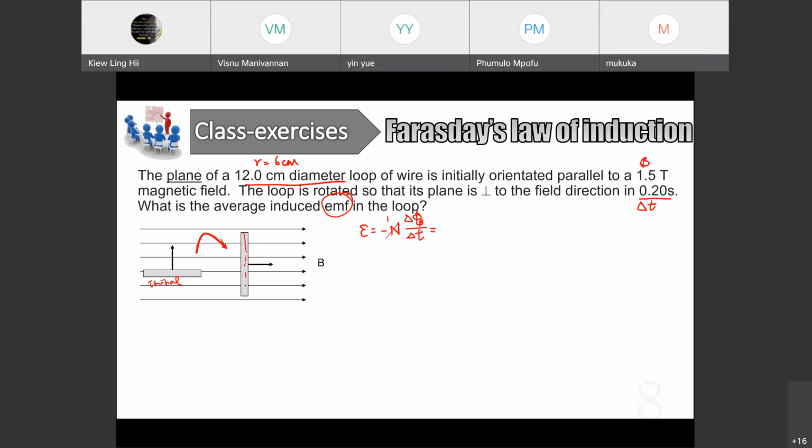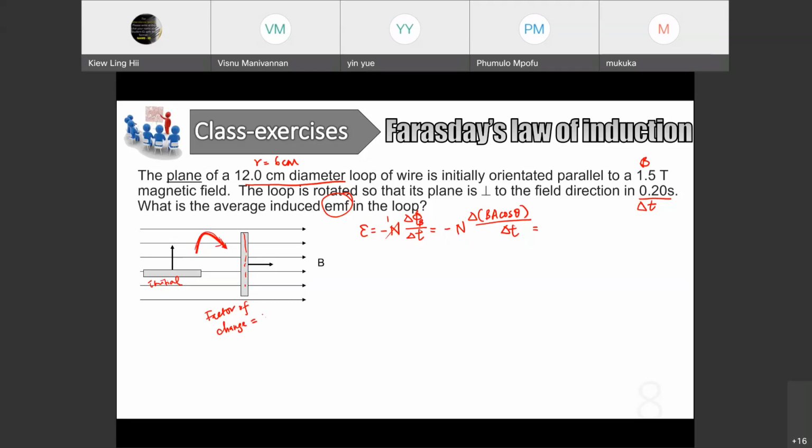All right, so let's expand the equation. Write down the full equation of magnetic flux, BA cos theta over time. So usually how do we simplify the equation? We just move out the constants, the values that are not changing. In this case, the factor that changes is your angle.